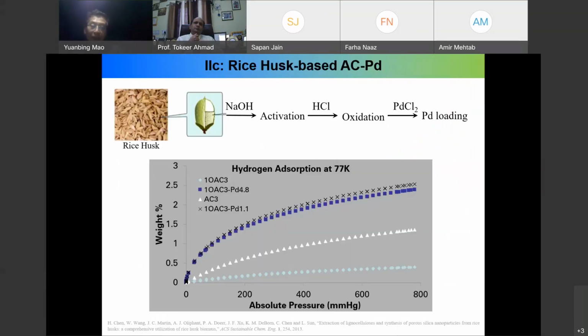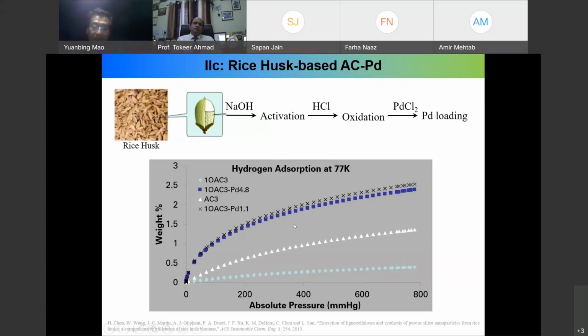But that's what we got. Then, one of the collaborators, his group also used rice husks to make those porous materials, and then loaded with palladium.